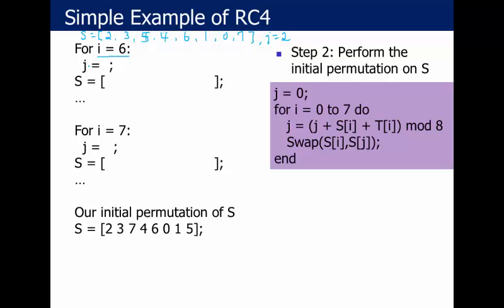Now you can compute the new J and new S. I'm going to do this silently also, so you could do it and see. Yeah, T remains the same all the time. T is the given key.